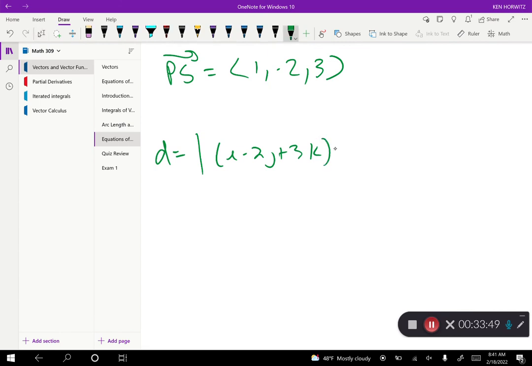And I'm going to dot that with 3/7 i plus 2/7 j plus 6/7 k. And again, that is my normal vector divided by my magnitude. So why don't you guys run through, do the dot product, and we'll talk about it on the back end.